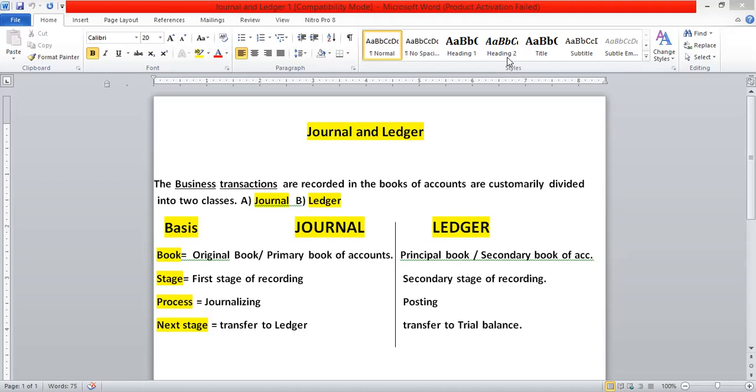On the third basis, that of process, when we write all the general entries into our general book, that process is called journalizing. And when we transfer all the general entries to the ledger, that process is called posting. On the last basis, that of next stage, when we are done with the general, we transfer it to the ledger, and when we are done with the ledger, we transfer it to the trial balance.